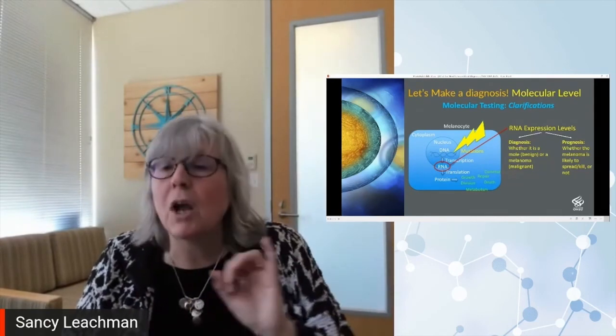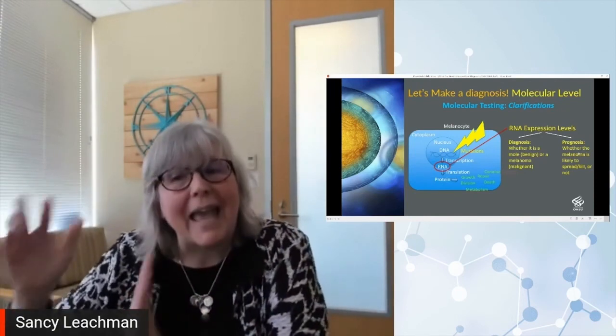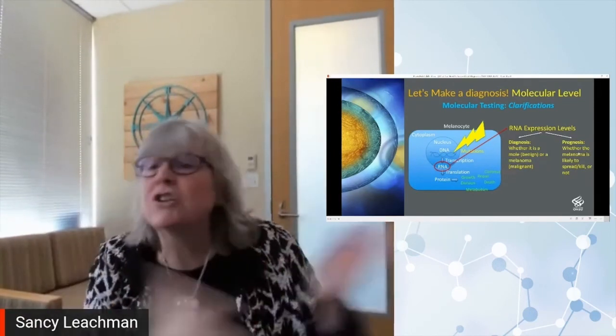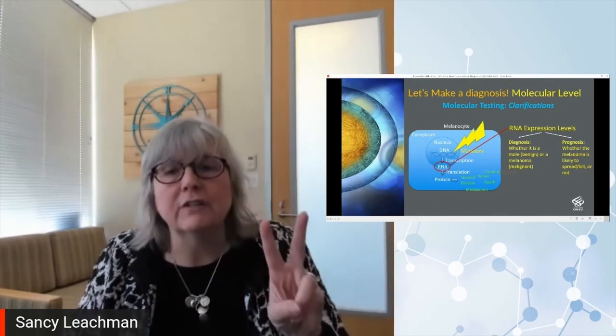So with diagnosis, remember what we've been talking about is it a mole or is it a melanoma? Prognosis assumes that you've already put it into a category of melanoma. You don't use a prognostic gene expression profile test on a potential mole, because it's not going to work. It's only telling you whether the melanoma, once you know it's a melanoma, is likely to spread and kill or not. So those are two different things, right?